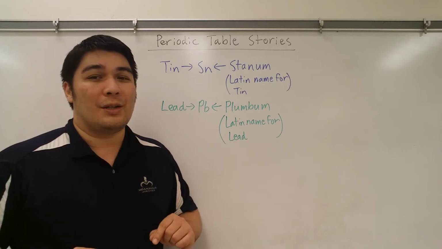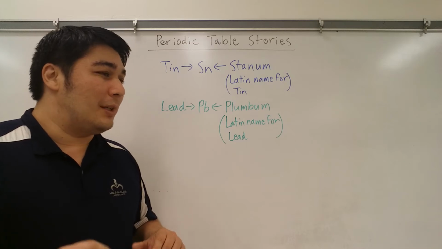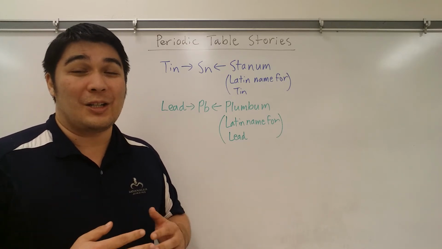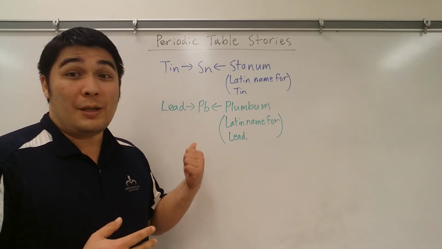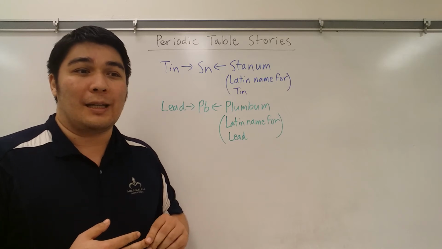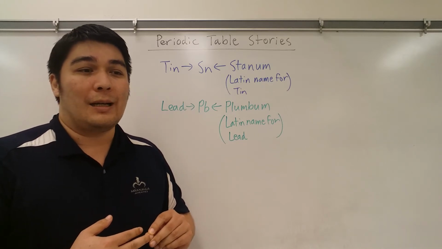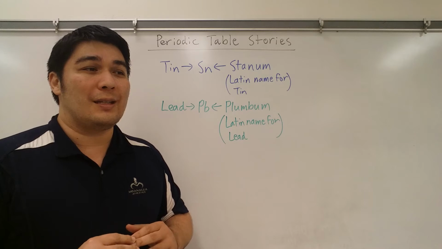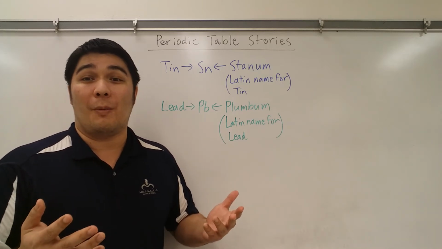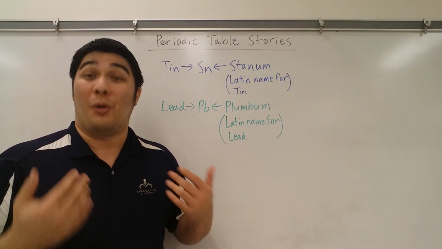There was one other use for lead that I had learned about recently. I thought it was a very interesting story as well. The Romans also knew many things about lead, and unfortunately, one of the things they didn't know about lead was that it was actually very poisonous.